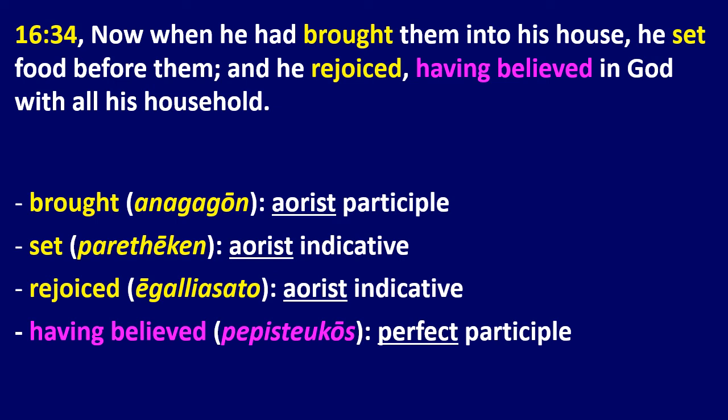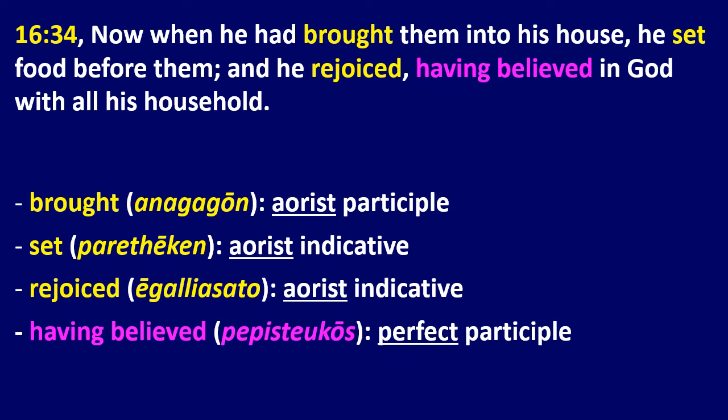That's what some interpreters do, and it can land you in some serious trouble. Not only will it lead to some contradictions, as we've seen, when the same idea of believing is used in the aorist in verse 31, and then it's in the perfect in verse 34, and you might even find it in the present tense in other passages.